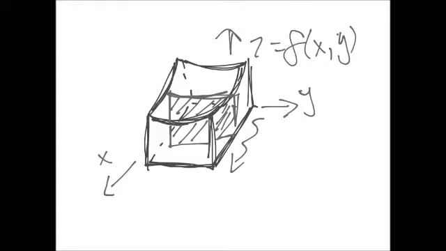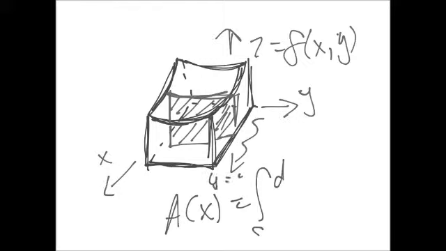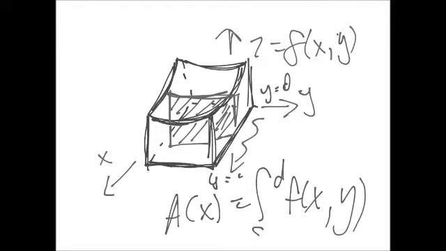Right now, we could treat the area using a single integral like in that second method. So we have A of x from c to d, since I didn't label that, but c to d, since that's what we've been using this whole time. And we're along the y, and we have f of x, y dy, right? Essentially, we're treating x as constant, and we're integrating with respect to y.